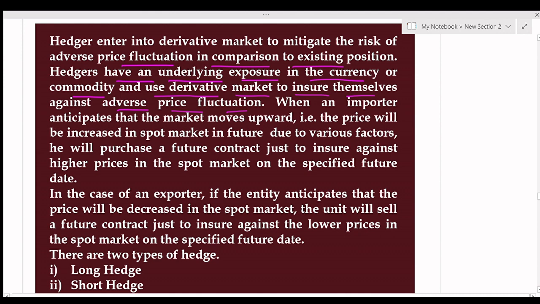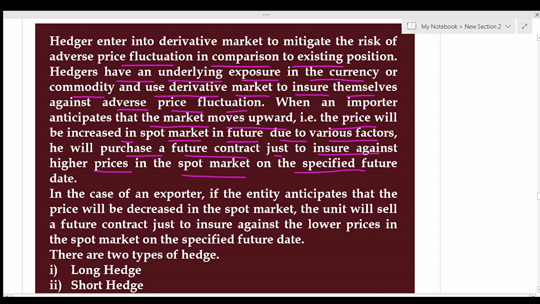When an importer anticipates that the market moves upward, that is, the price will increase in the spot market in future due to various factors, he will purchase a future contract just to insure against higher prices in the spot market on the specified future date.